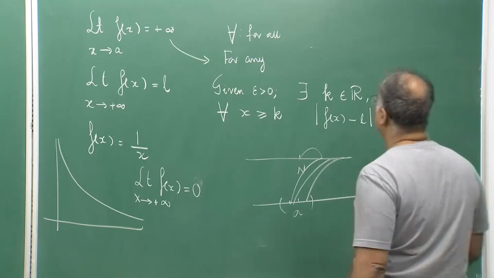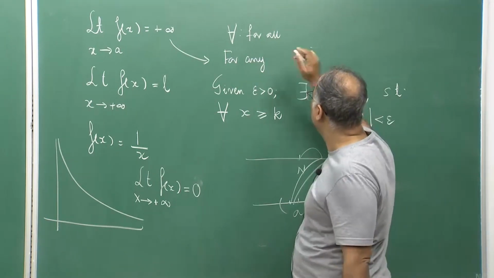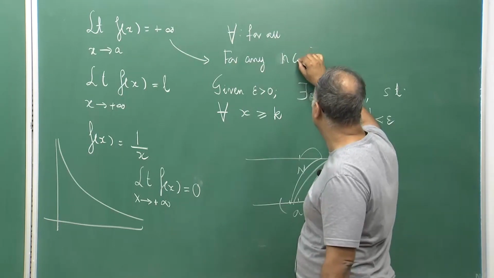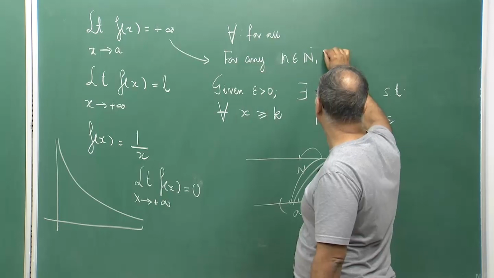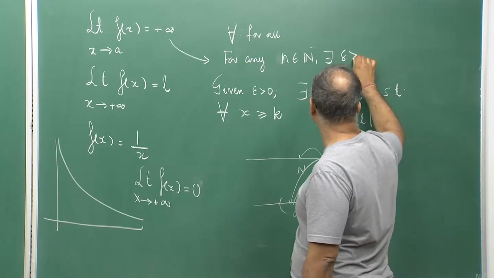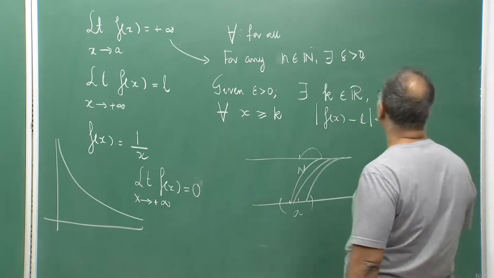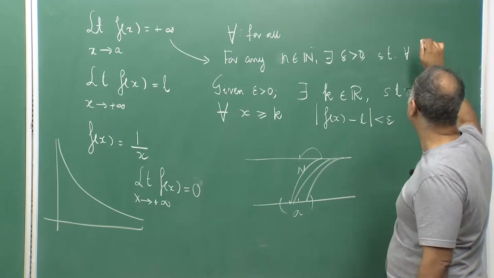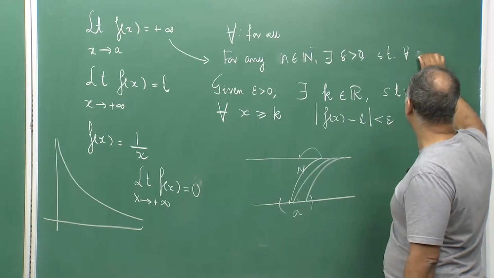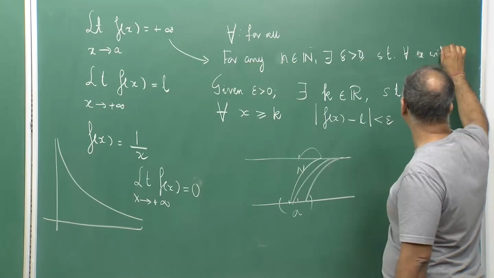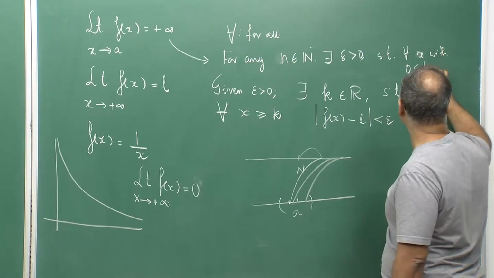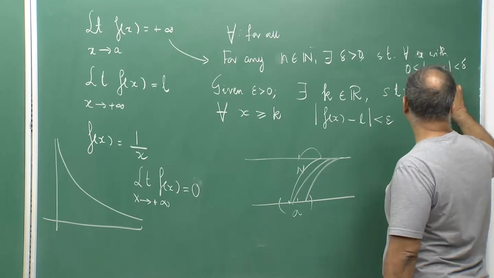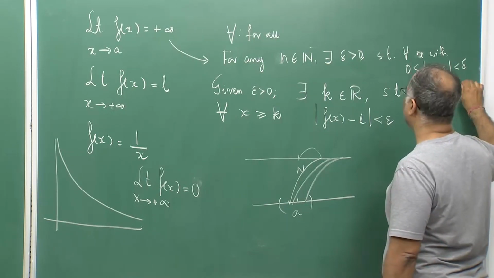Sorry, for any n element of N, there exists a delta greater than 0 such that for all x with 0 < |x - A| < delta, f(x) must be bigger than your n.